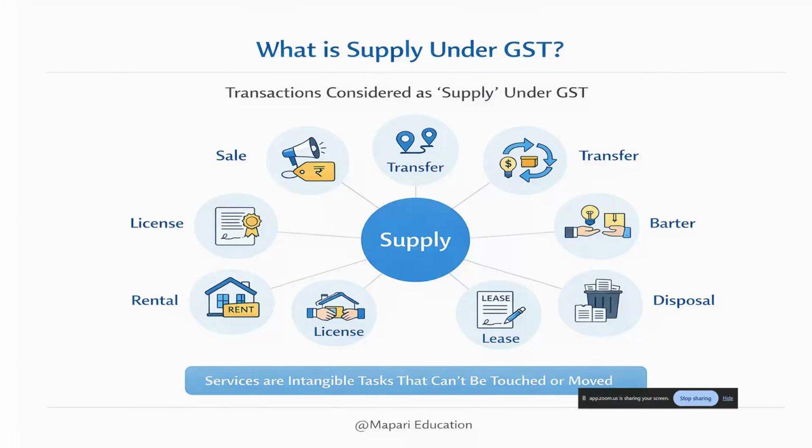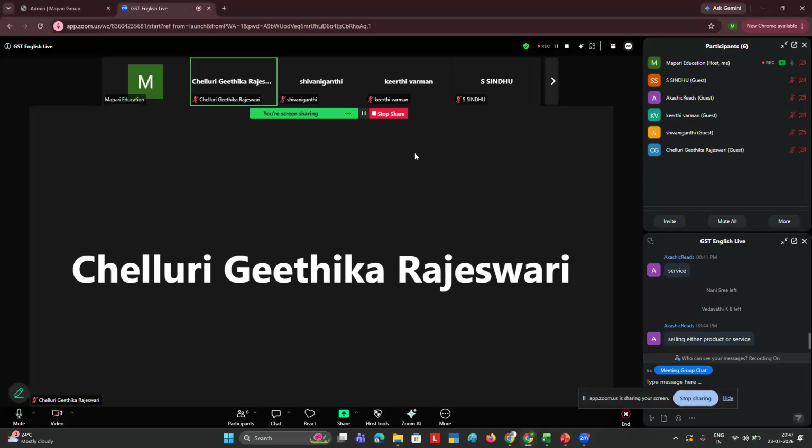Suppose the government only said a sale is a supply. Then how could I bypass the GST law? I would say to the government, I'm not going to charge GST from the customer. Why? Because the GST law says when supply happens I have to charge GST, right?